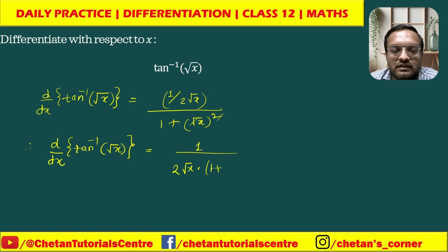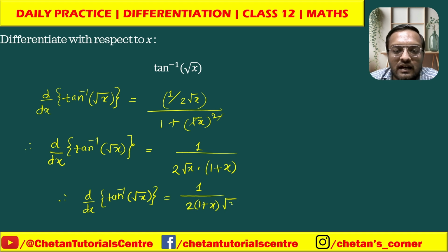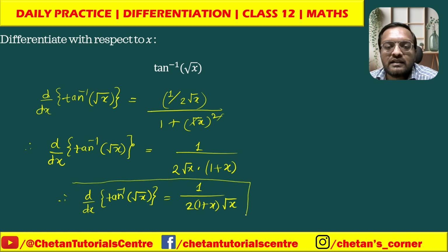So what will I be left with? 1 plus x. Therefore the derivative of tan inverse of under root x is 1 upon 2 times 1 plus x times under root of x. As we cannot simplify this further, this is the final answer for this given question.